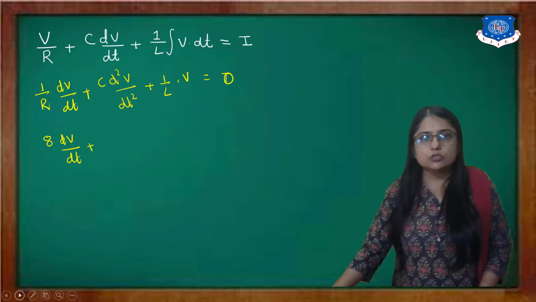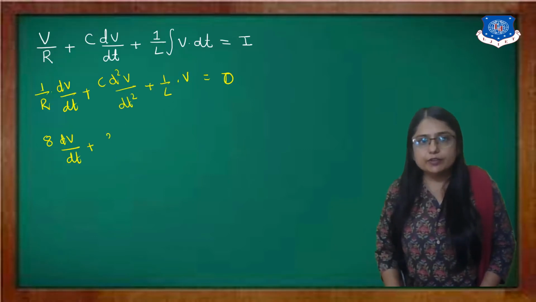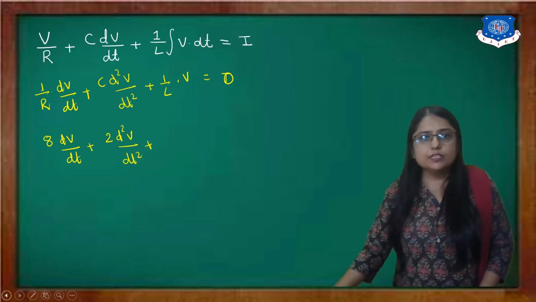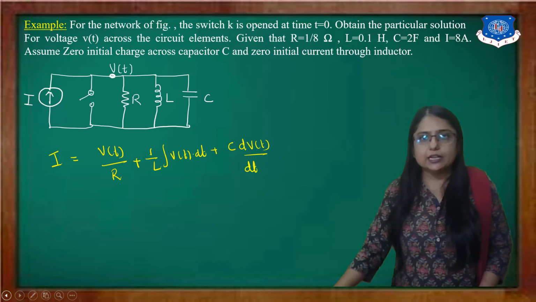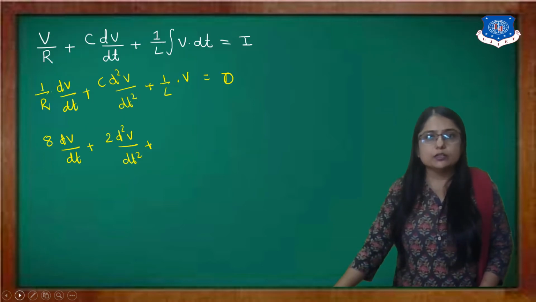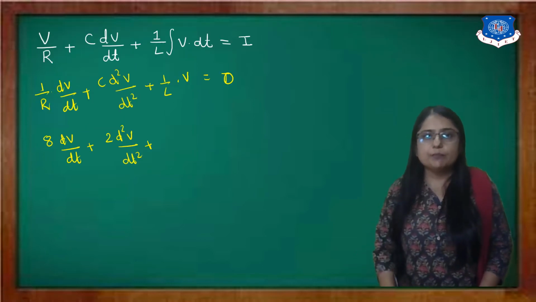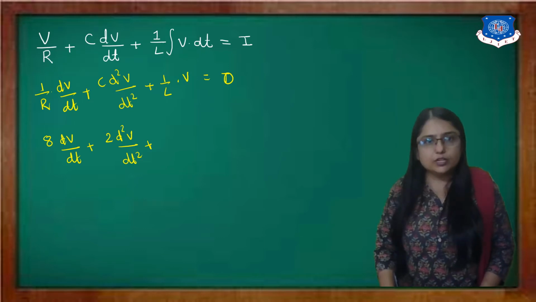Just substitute the value of C. So here we will get 2 d square V by dt square. Plus, if we substitute the value of L, that is what? It's 0.1. So here what we get? 1 upon 0.1. So this will become 10 into V, that equals 0.